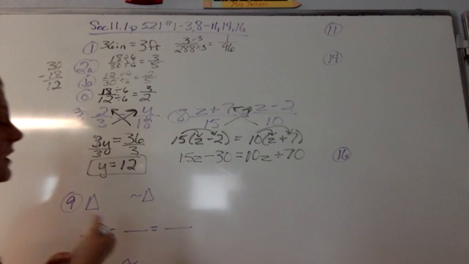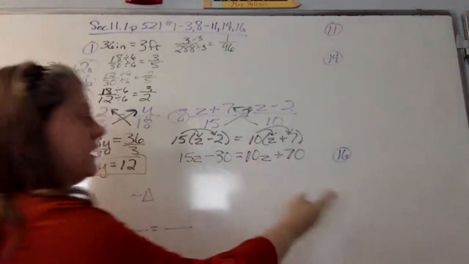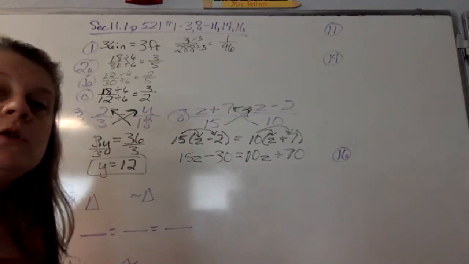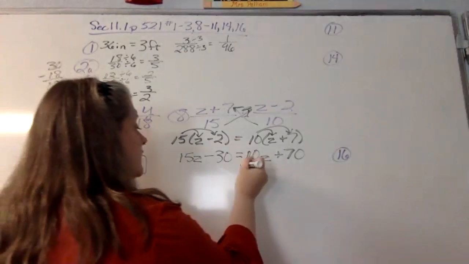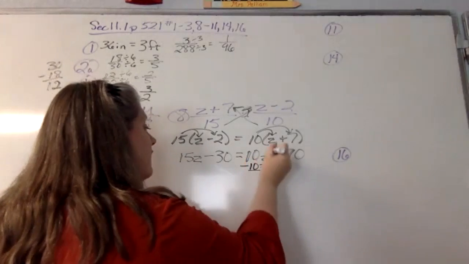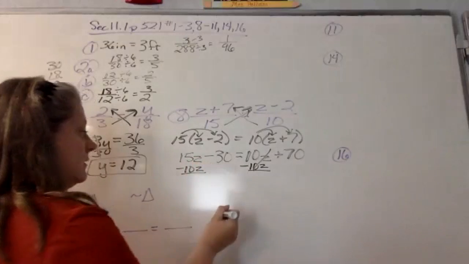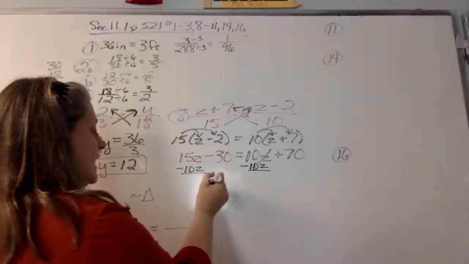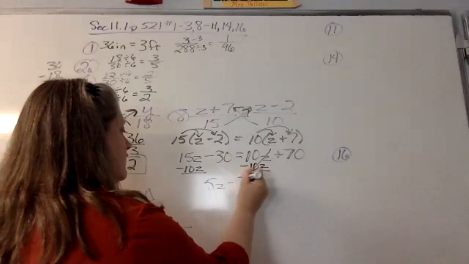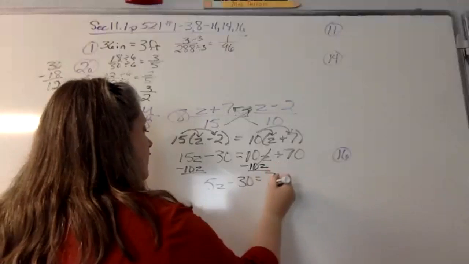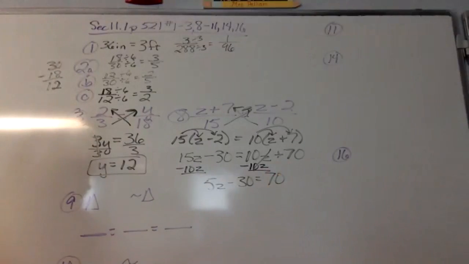Since I have a positive 10z, and I gotta move it over, I'm going to subtract it. So I subtract 10z here. Whatever I do on one side of my equation, I do to the other. 15 minus 10 is 5. And then on the other side, I still have the 70 left.